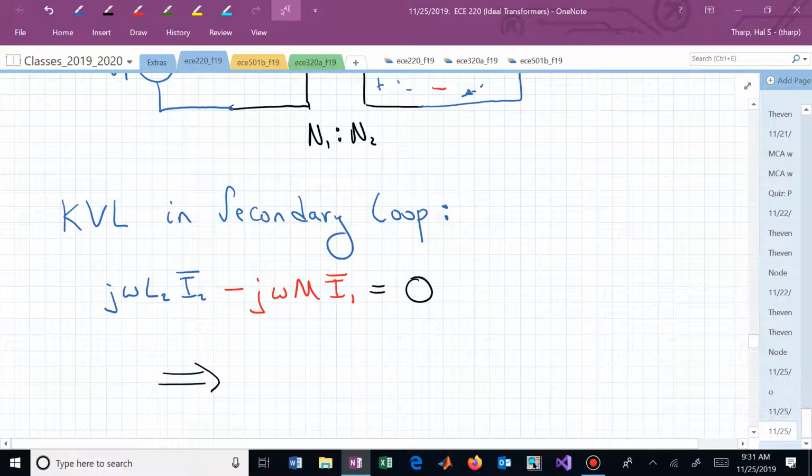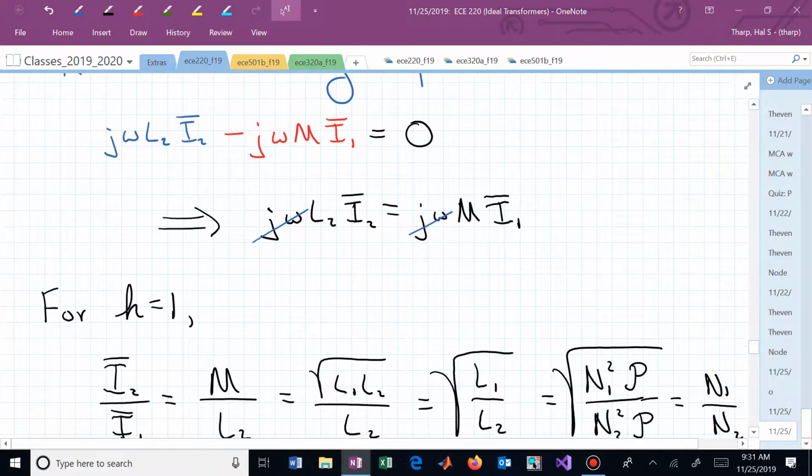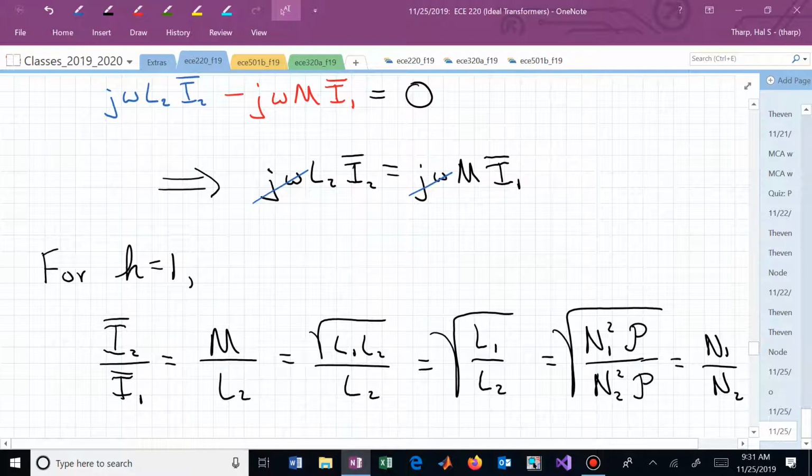So we have j omega L2 I2 is equal to j omega M I1. The j omegas can cancel, and again, knowing that k in an ideal transformer is equal to 1, we can write M as just the square root of L1 times L2.